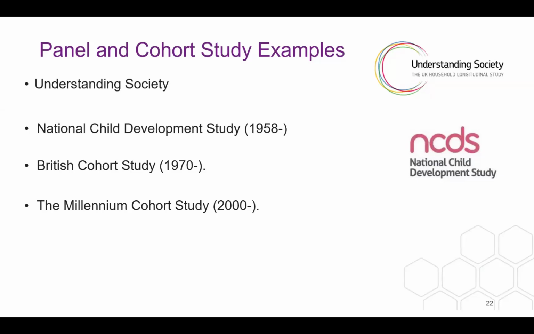Similar to the latter, this study provides perspective on the life changes of this cohort. Lastly, the Millennium Cohort Study is the newest national birth cohort study, and it follows the lives of babies born in selected months between 2000 and 2002 in the UK.